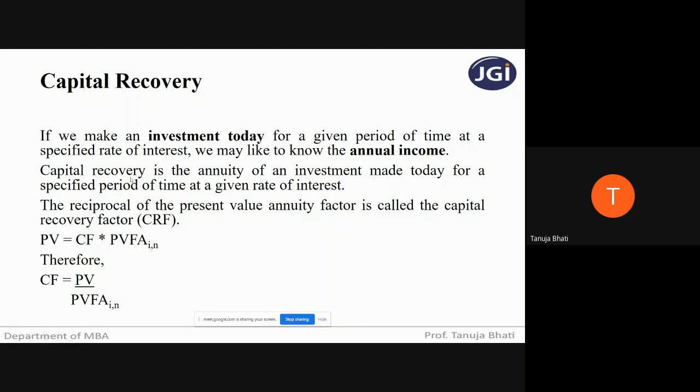So capital recovery is the annuity of an investment made today for a specified period of time at a specified rate of interest. So in short, in capital recovery, we will be finding out the annual income, that is the cash flows that we have to generate every year in order to recover back the initial investment.